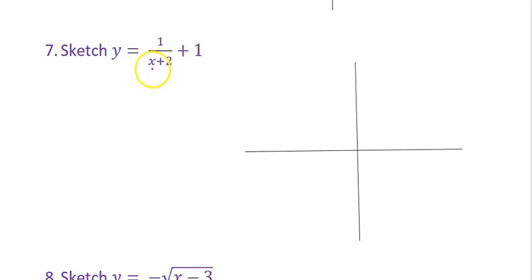There won't be parentheses on this either. And then the outside is up here, kind of on the level with the whole fraction. So this plus 2 on the inside means I'm going to be moving left 2, and the plus 1 on the outside means I'm going to be moving up 1.